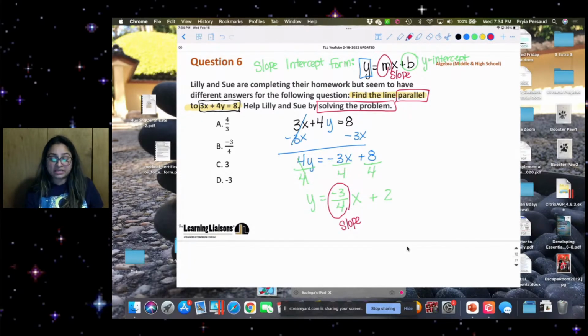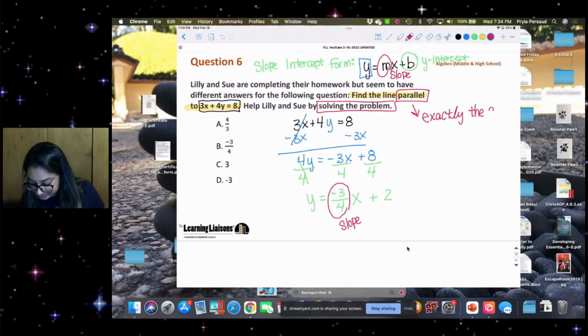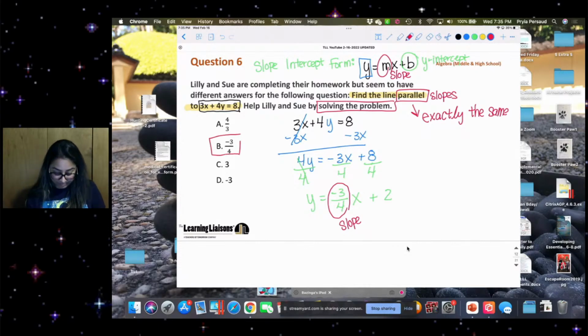What does that mean for parallel? Parallel slopes are exactly the same. So I'm going to look for something that says negative 3 over 4. Winner, winner, chicken dinner. It's B.